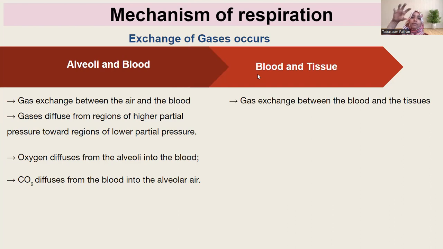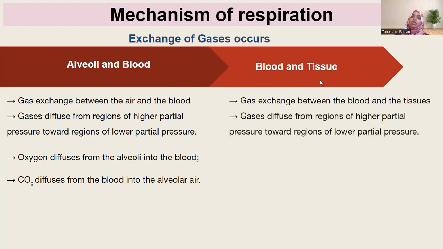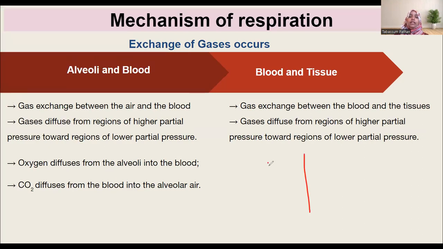Now you bring oxygen to the blood, and the tissues are doing metabolic activities and releasing waste material, carbon dioxide, as a side product. How will the exchange take place? There also the same simple law applies: the gas will diffuse from high partial pressure towards low partial pressure. Say this is a barrier, this is the blood and this is the tissue.